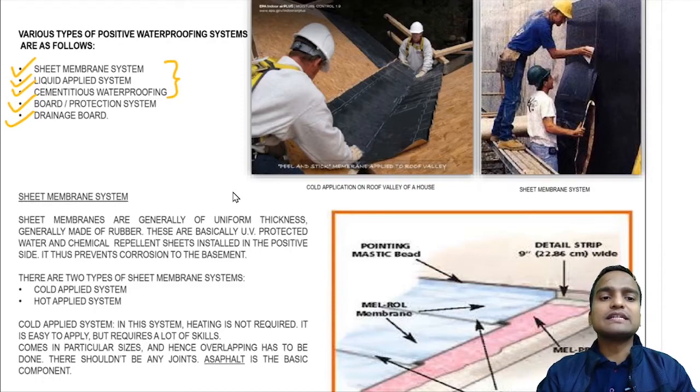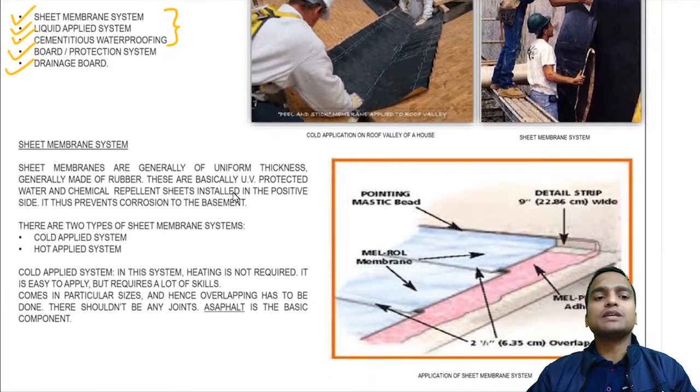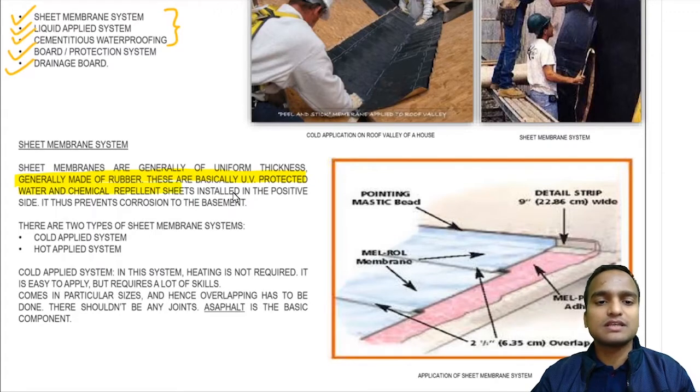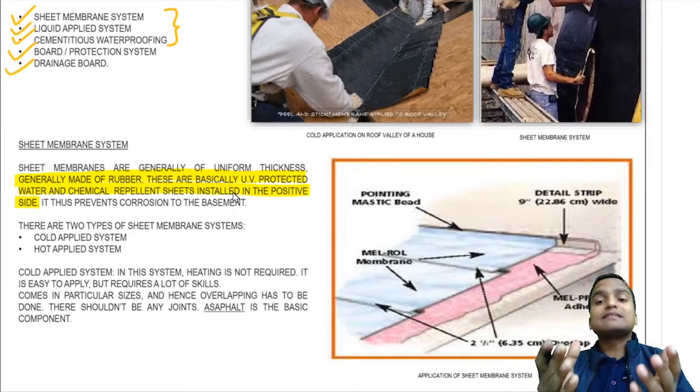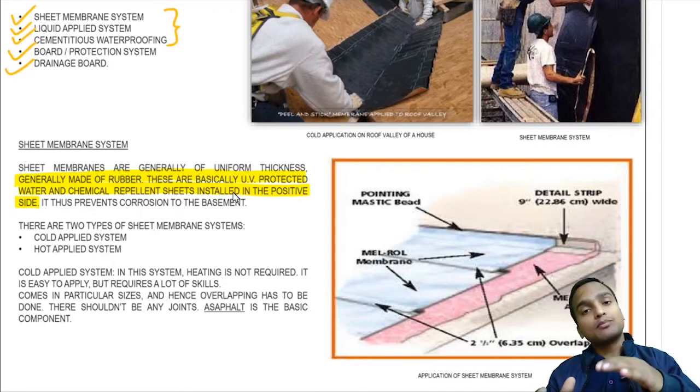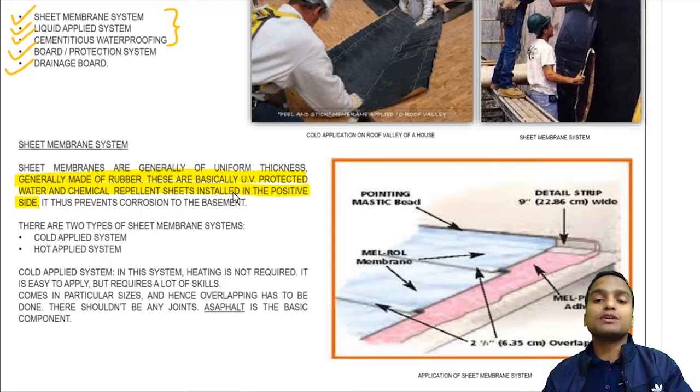In the sheet membrane system we use sheet membranes of uniform thickness, generally made of rubber, basically UV protected, water and chemical repellent sheets installed on the positive side. When I say positive side, I mean the external of the structure, meaning over these sheet membranes we pour our concrete and the bricks are used over these.